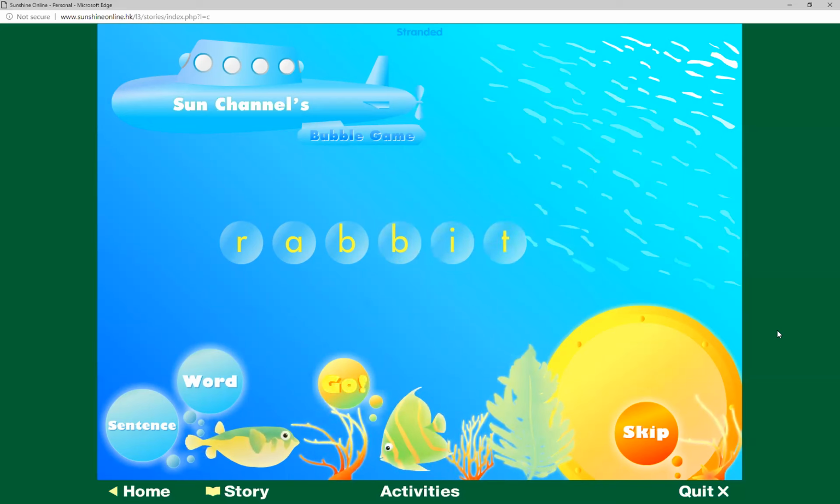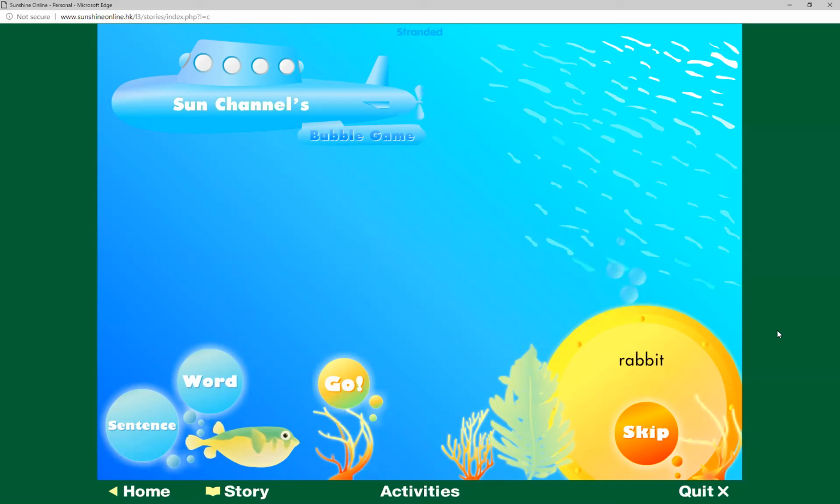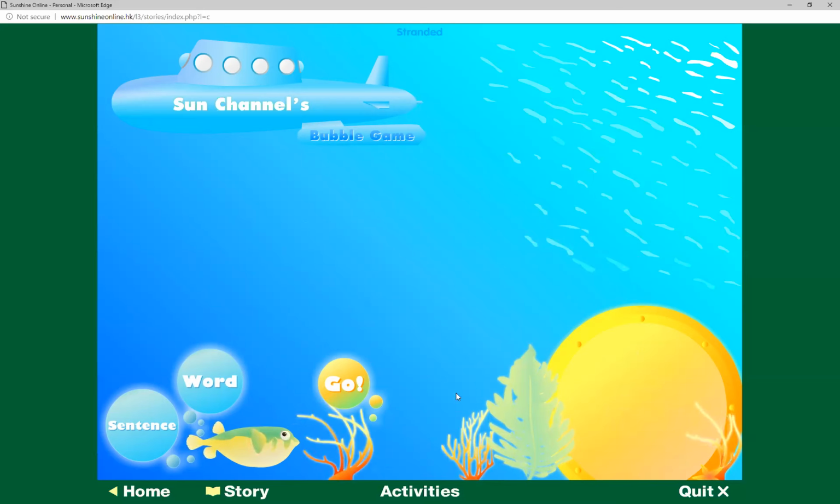Click Go, and your letter bubbles will float into the big bubble. Click on Play. Now, spell the 5 words to win. Type the first word and click Go.